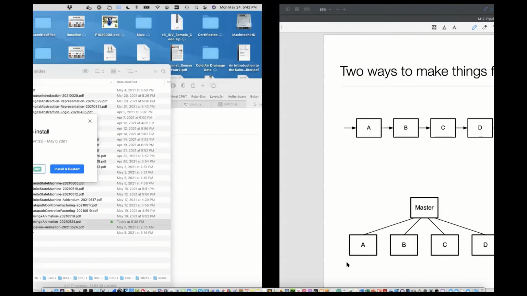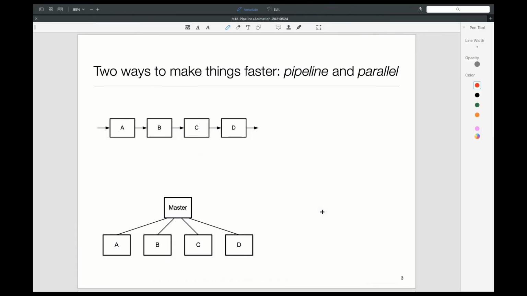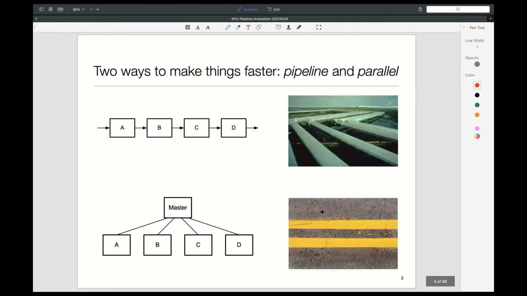The bottom one reflects that, and we can do that in parallel. I think the example in this figure is meant to be like parallel lanes on a road.